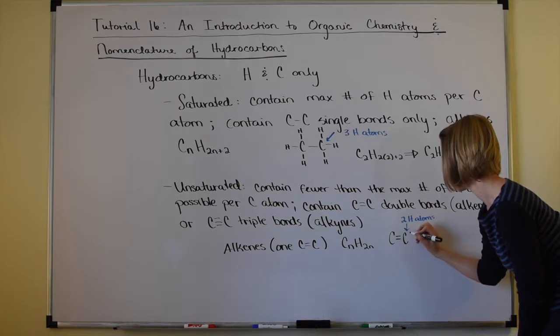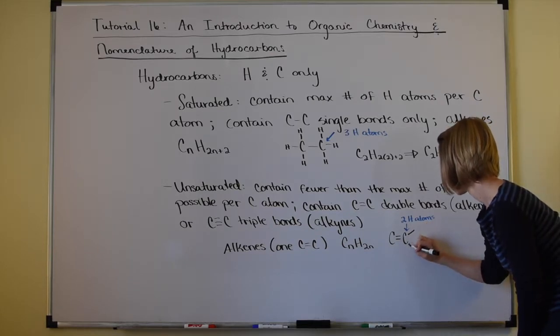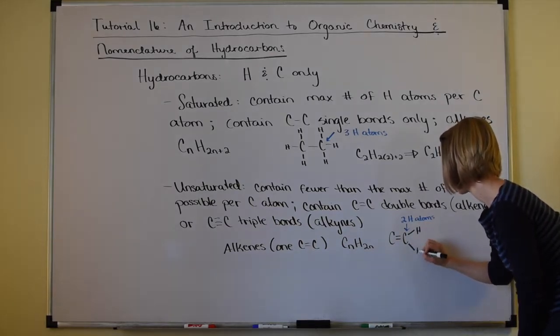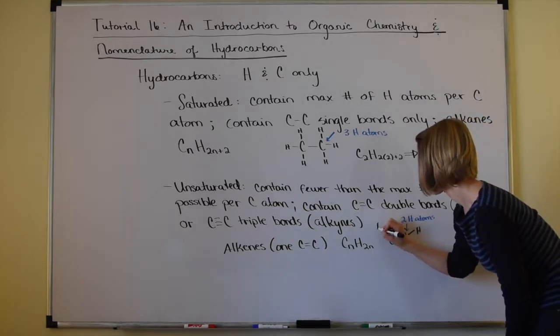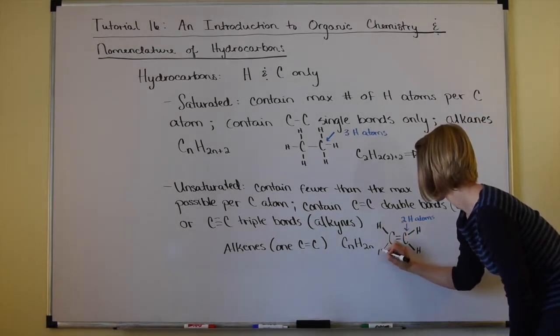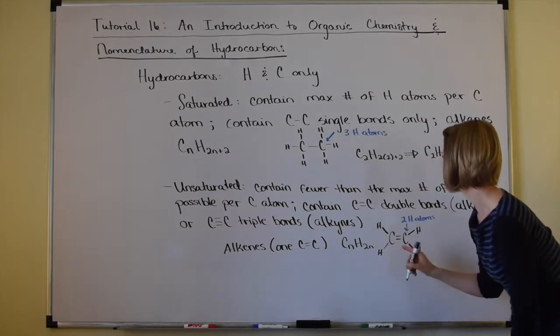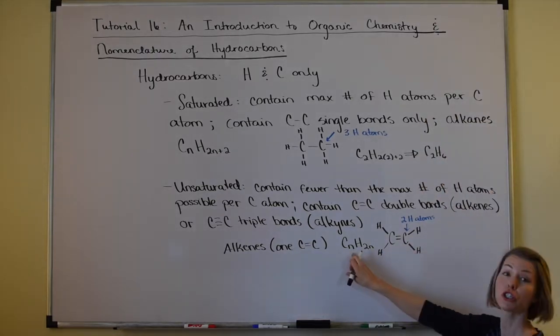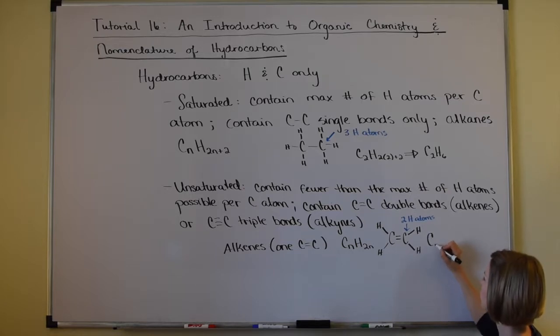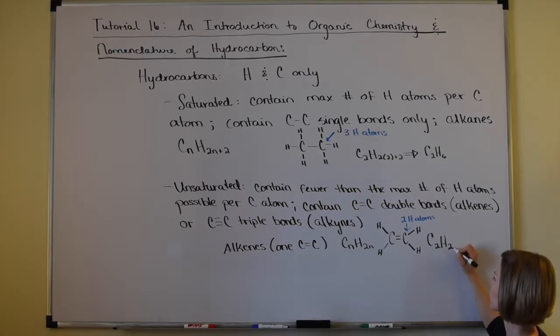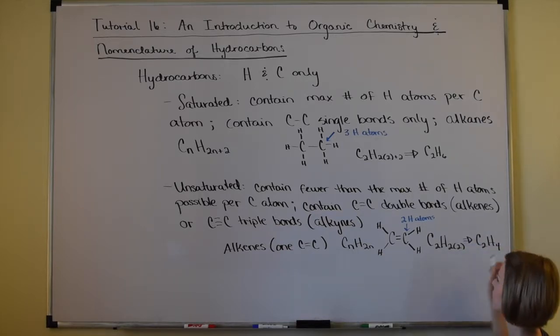So I'm going to go ahead and draw in those hydrogens. Okay, and my formula, because I have n equal to 2, is C2H2 times 2, or my molecular formula is C2H4. So 2 fewer hydrogens than the corresponding alkane with only 2 carbons.